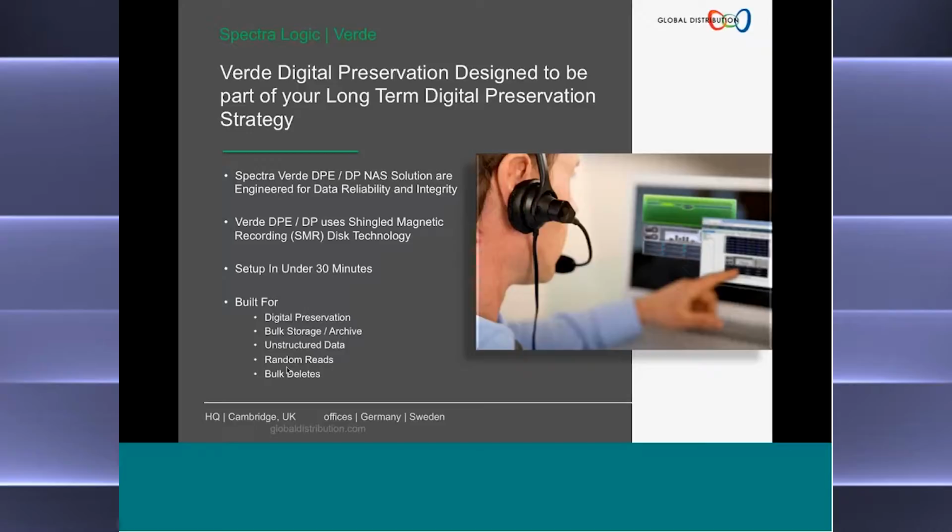But to use SMR technology, it's not just a case of putting SMR disks in any standard NAS. You have to do quite a lot of work to make sure the file system works with those disks correctly. So this is where Spectra Logic have done an enormous amount of work in their implementation of their NAS, and they've tuned it specifically to take advantage of this SMR technology for large sequential writes.